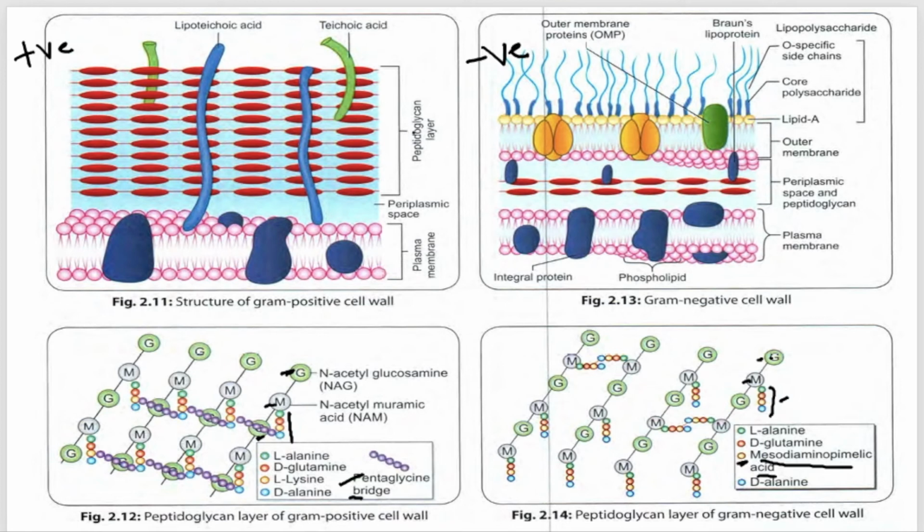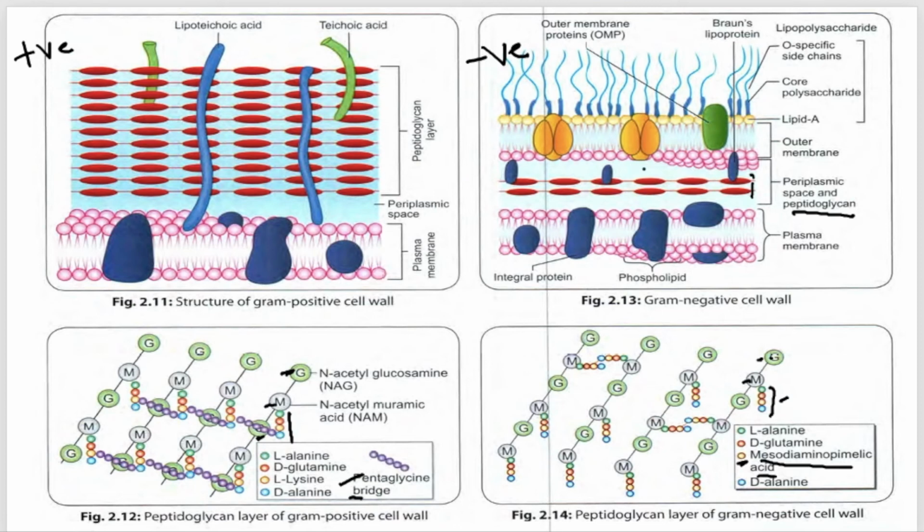You can see the thickness of the peptidoglycan layer is quite thick, but otherwise the cell wall is made up of only teichoic acid and peptidoglycan in gram positive bacteria. In gram negative bacteria, this peptidoglycan layer is hardly a two-layer thickness, whereas in gram positive bacteria it is many layers thick.